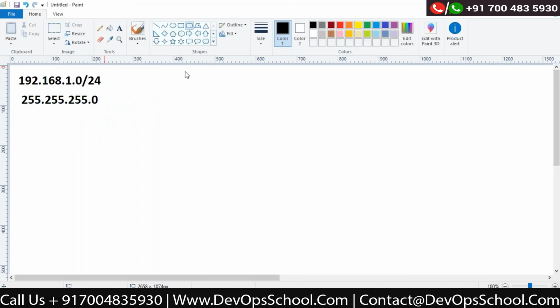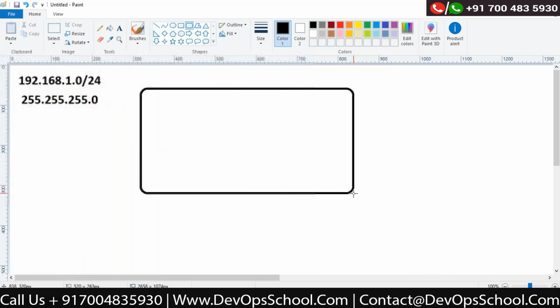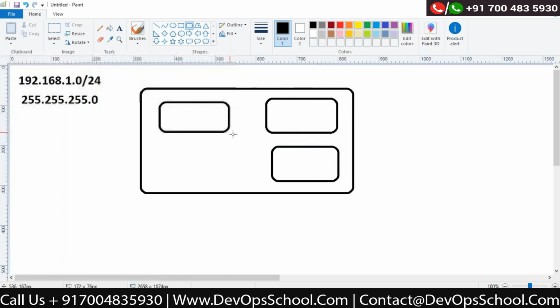Now my requirement is something like this. I have a small office, and I would like to have something which is required as per the department. I do have 4 departments in my organization. Department 1, Department 2, Department 3, Department 4. Correct? So you can see these 4 departments require different sets of IP addresses.